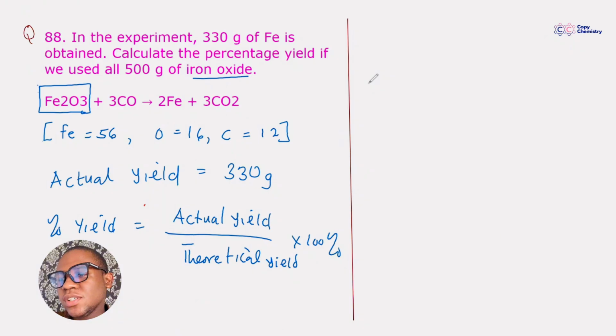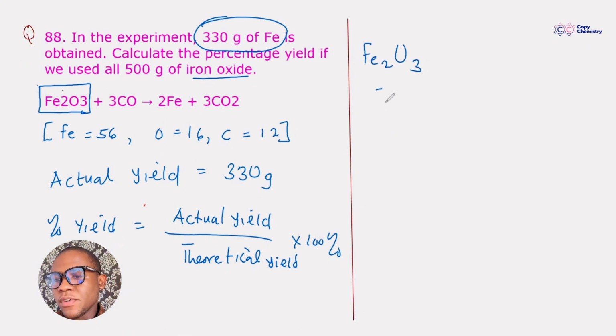So the theoretical yield of iron, talking about the yield of iron now, is the amount of iron that should be produced from calculation. All right. So if we used all 500 grams of iron oxide, it means that we have Fe2O3, 500 grams, and we said it was used up, right?